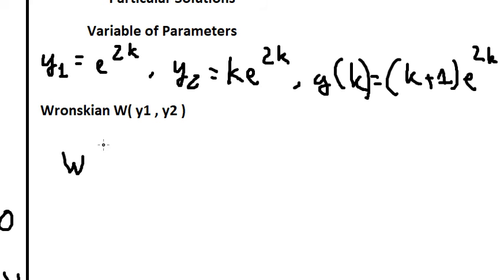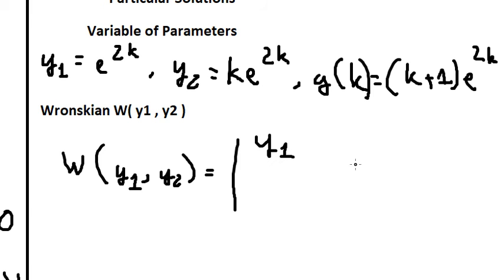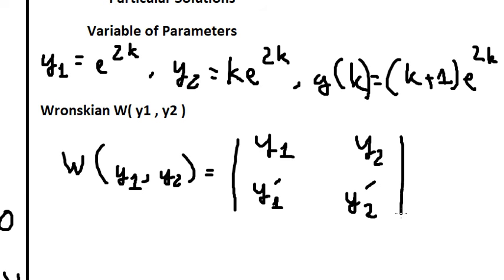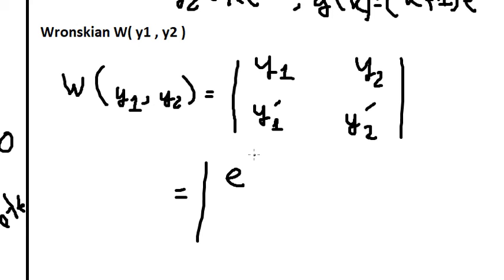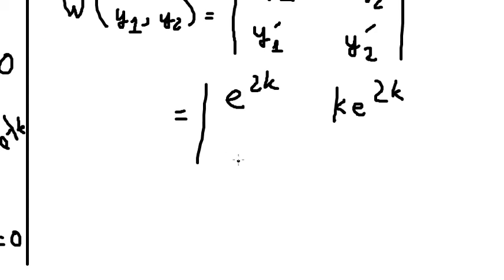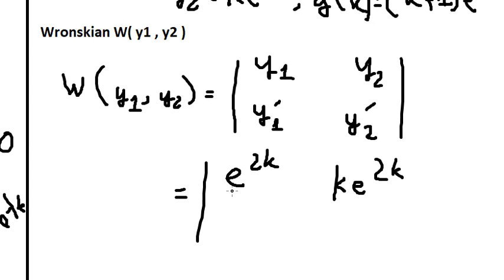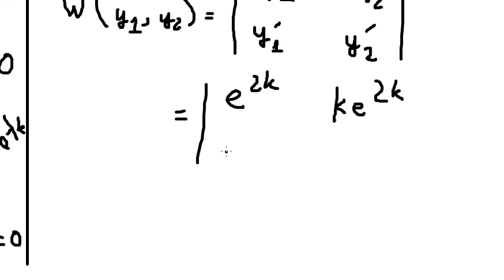So that should be like this. We have the matrix y1, y2, first derivative of y1, first derivative of y2. So y1 is e to the power of 2k, and y2 is k e to the power of 2k. If we do the first derivative of e to the power of 2k, we have 2 e to the power of 2k.